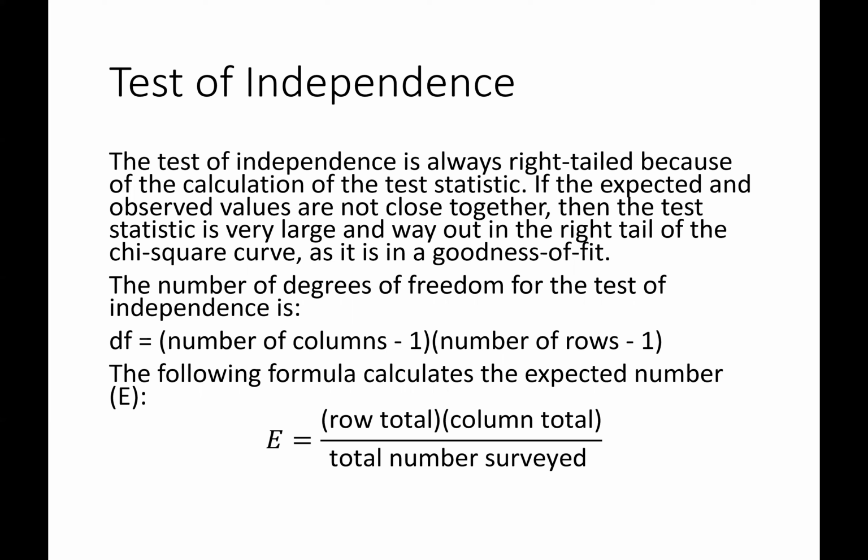The number of degrees of freedom for this test of independence is the number of columns in your contingency table minus 1 times the number of rows in your contingency table minus 1. And here is the formula for the expected value. You take the row total in your contingency table, you multiply it by the column total, and you divide it by the total number surveyed, which is what we did when we found the 28 in the previous example.